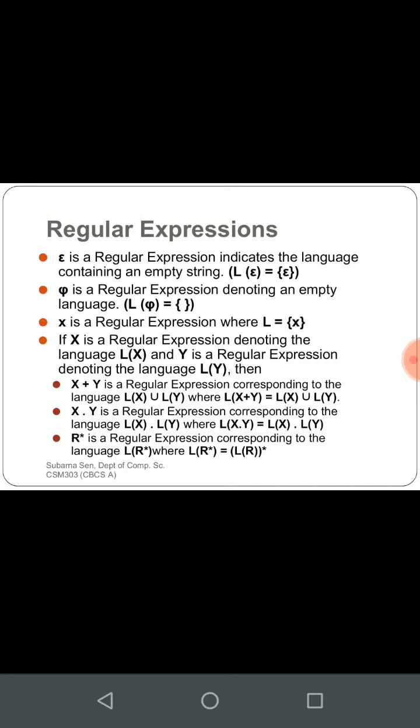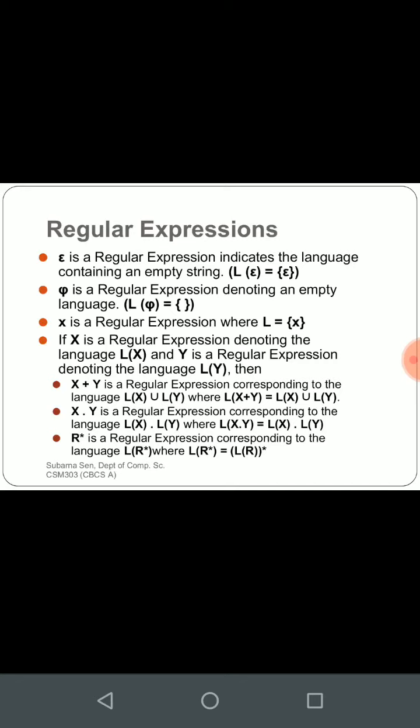One contains an empty string, but L of phi contains nothing. It is null, so it is the empty language. If we are given L of epsilon, we say it consists of an empty string, and if L of phi, we say it contains nothing.